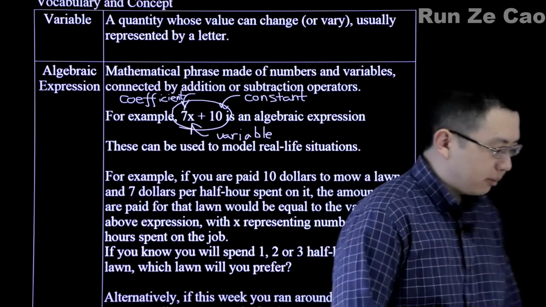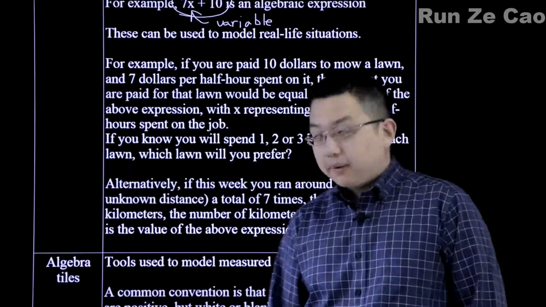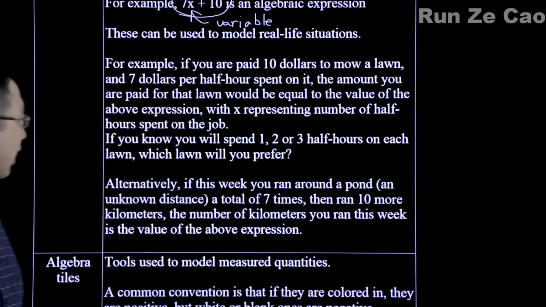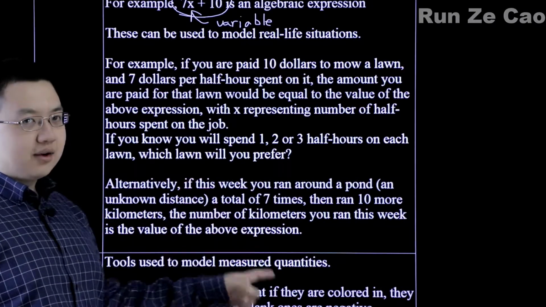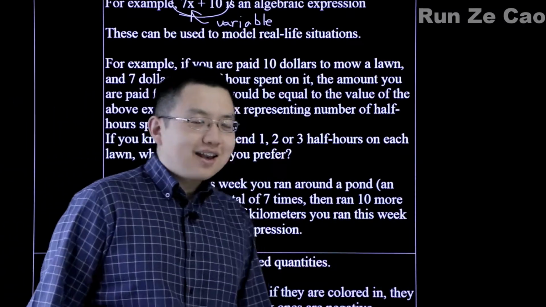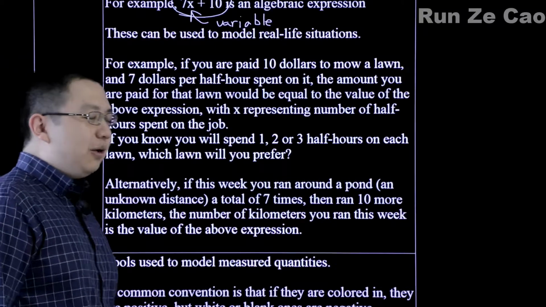In this case, 7x plus 10 might be the case that you ran around a pond 7 times in a week, probably. And then you ran 10 more kilometers. Why is it 7 times in a week and then 10 more kilometers? Because to say that today you ran around a pond 7 times and then 10 more kilometers sounds a little bit iffy.